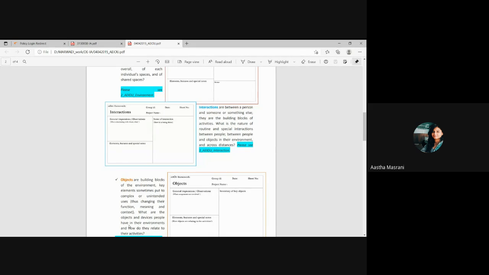Okay. Other? Ma'am, from my team, Deep is there. Deep. Who is Deep? Next. From my team, Drashti is there. Drashti.